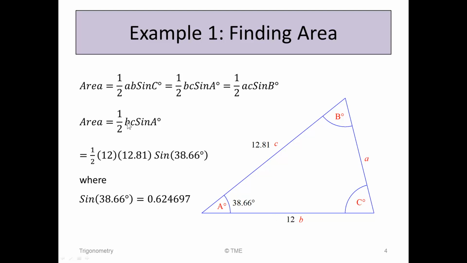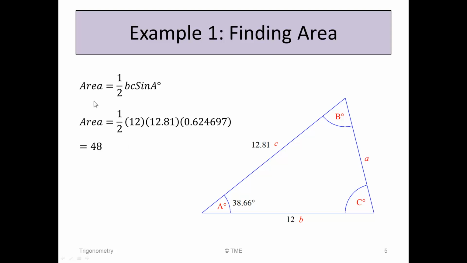B we know to be 12, so half of BC is a half, B is 12, we bring that down, C 12.81, we substitute here, and sine A is the angle A, 38.66, sine of 38.66. With the calculator, pressing the sine function, we get 0.624697.